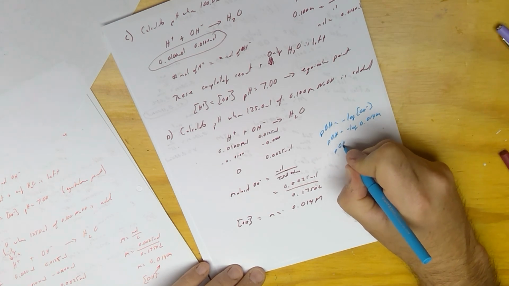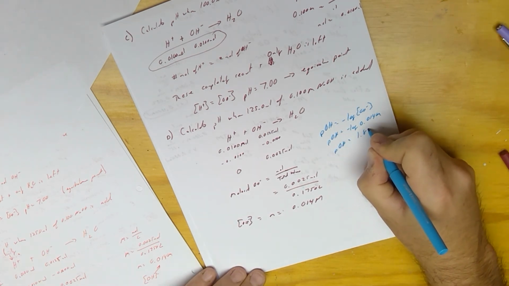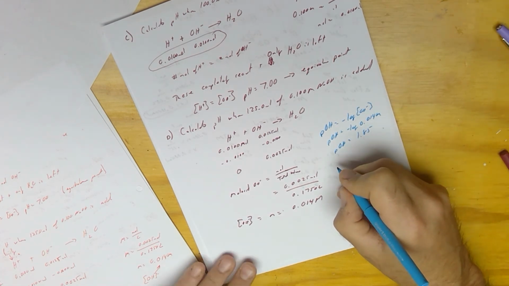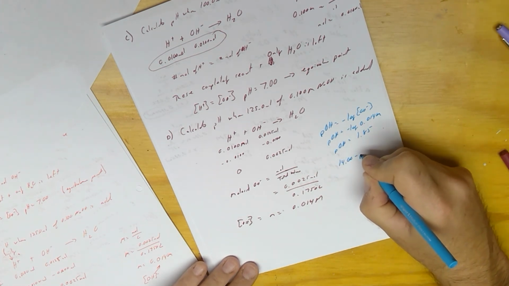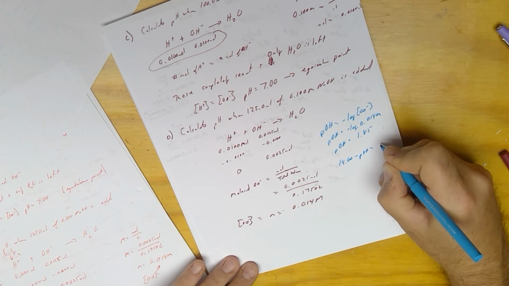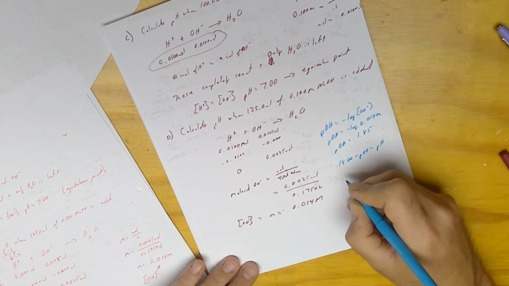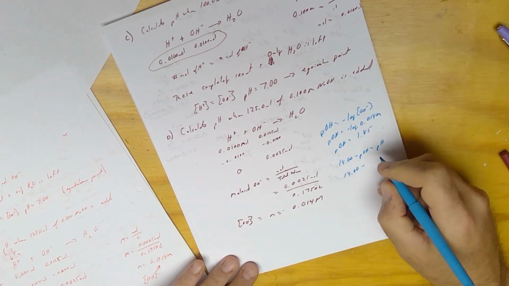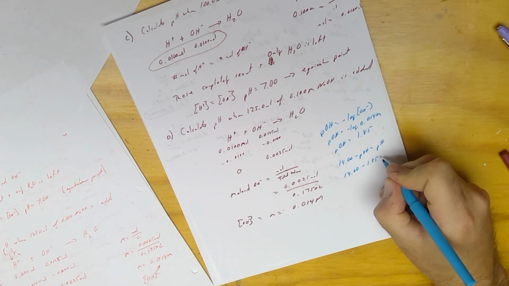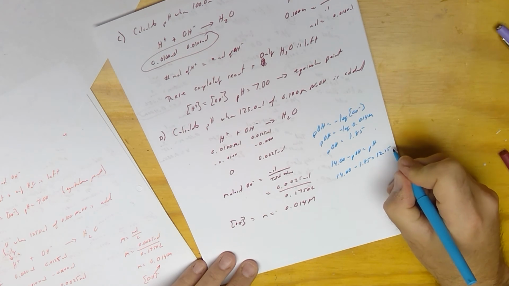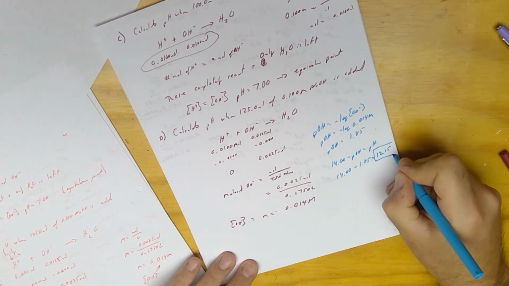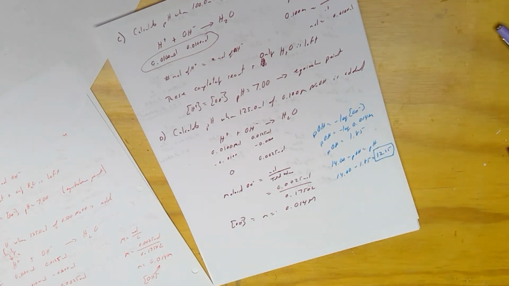So pOH is equal to 1.85. Now I know that 14.00 minus the pOH is equal to pH. So 14.00 minus 1.85 equals 12.15. And that's the pH of this solution.